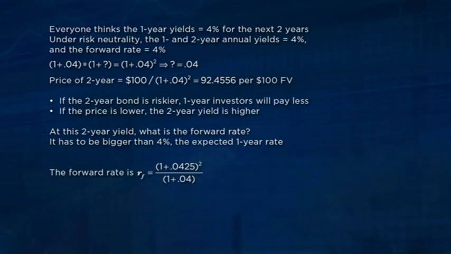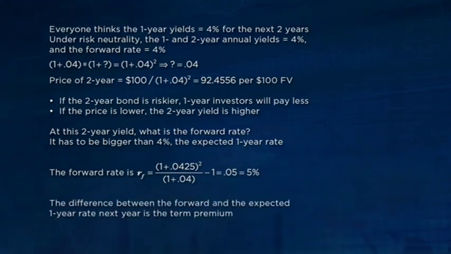The 2-year rate, 1 plus 0.0425 squared, divided by 1 plus the 1-year rate, 1.04. All of that subtract off 1, that equals 5%. 5% is the forward rate in this case. The difference in the forward rate and the expected future spot rate next year is the term premium. In this case, it's 1%.